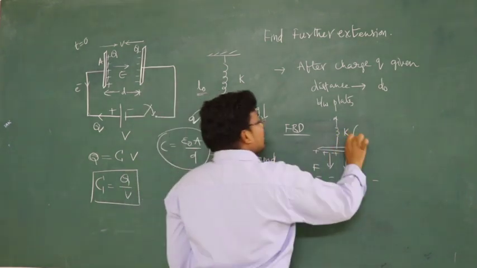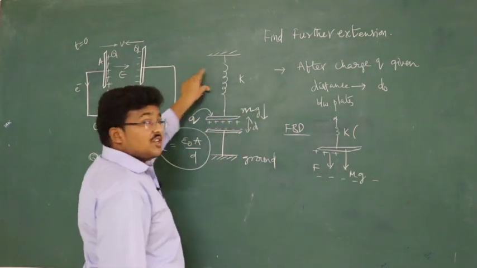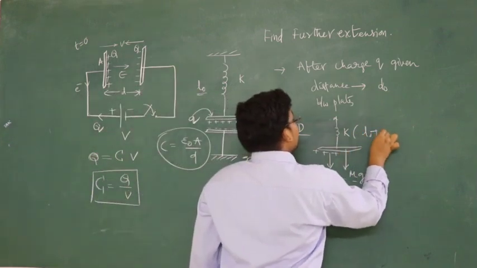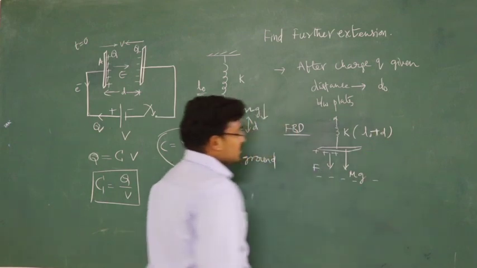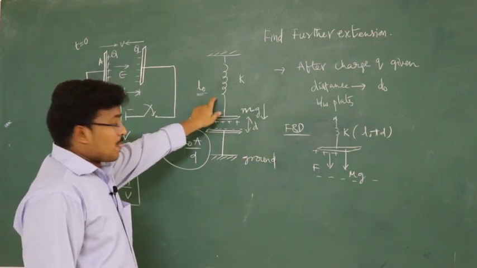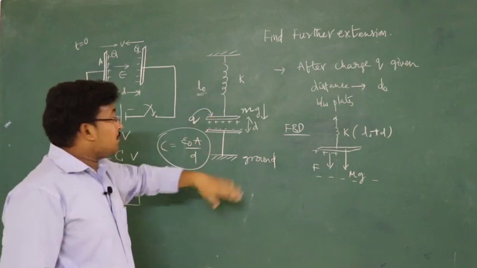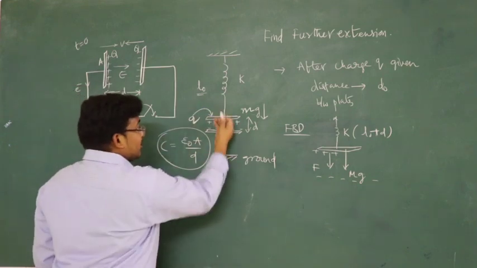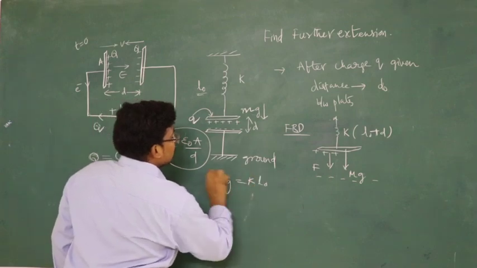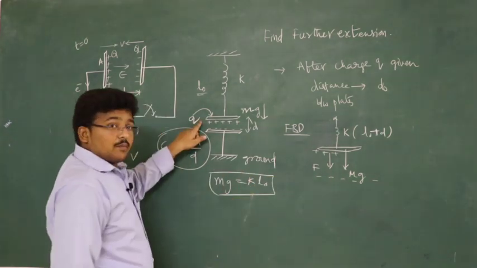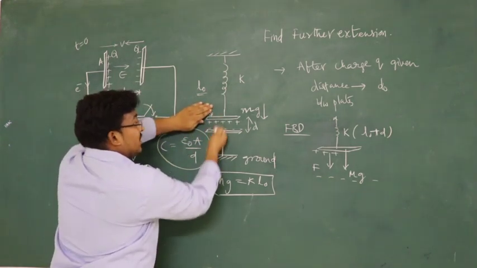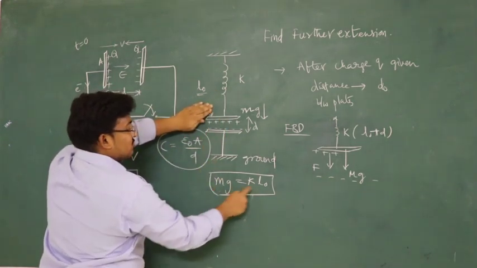We know the initial length is L naught, now further stretched by d, so L naught plus d. Initially, when only the mass was there and charge was not given, the plate weight is equal to the spring force: mg is equal to k L naught.